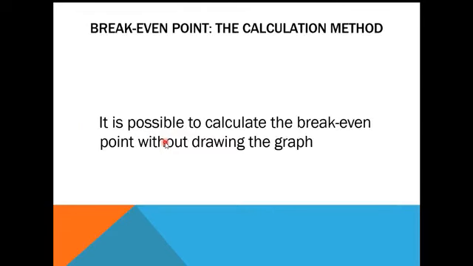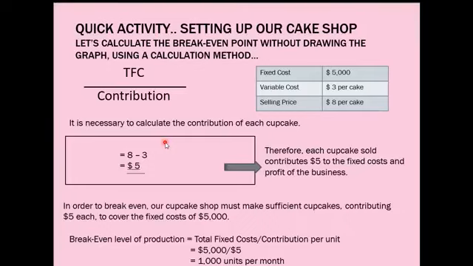The question is this: how do we calculate break-even using a formula? The formula for break-even is simply total fixed cost all over contribution. Total fixed cost all over contribution. Then, how do you get your contribution?